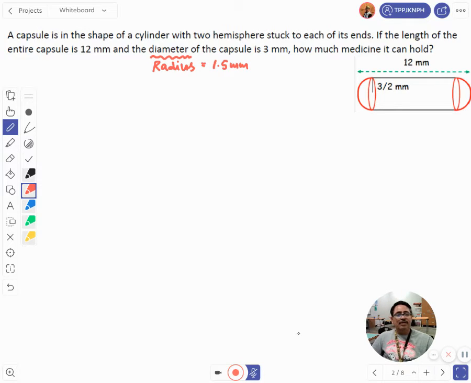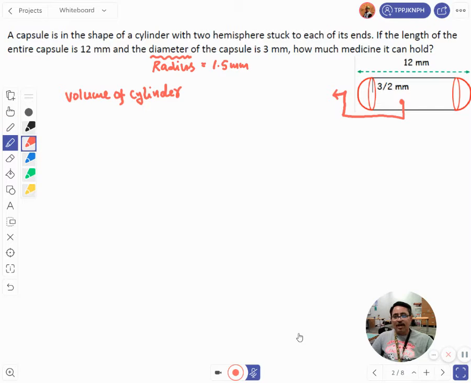Now, I see that there are three parts. One is a cylindrical part. So I have to find volume of a cylinder, this one. And next, I see that here there is a hemisphere which is half of a sphere, right?